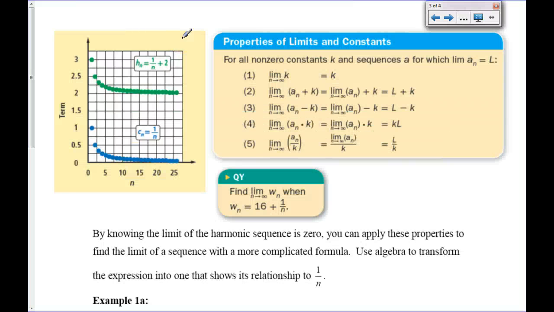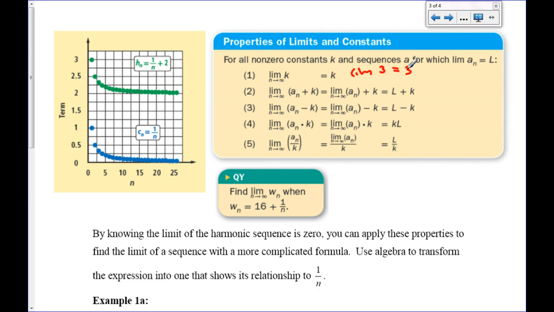So there are some important rules that you guys need to know. For instance, right here we say the limit of some constant k as n approaches infinity is always k. So an example of that would be the limit of, say, 3 is 3. Yep, 3 is a constant.